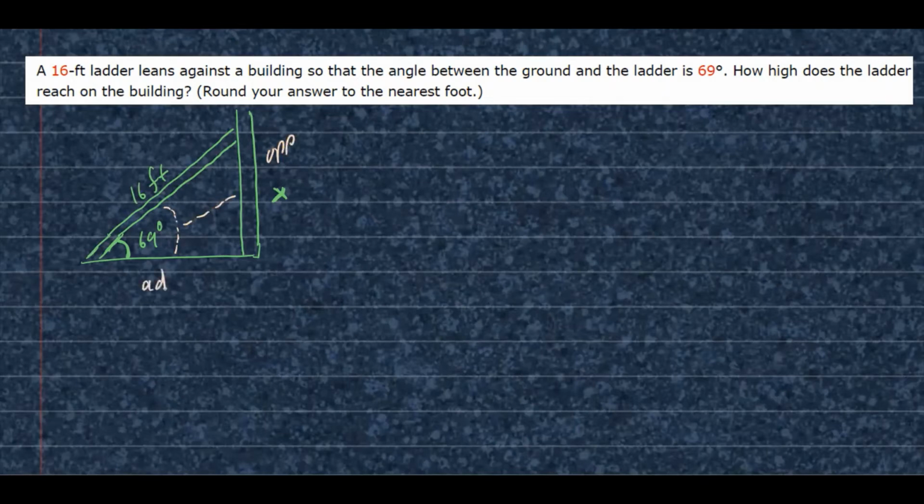That means this is the adjacent side and this is the hypotenuse. We want to use x and 16 in the picture, so we have to use opposite over hypotenuse. The trig ratio that will relate these two variables is sine. You know that sine of an angle is equal to opposite over hypotenuse.